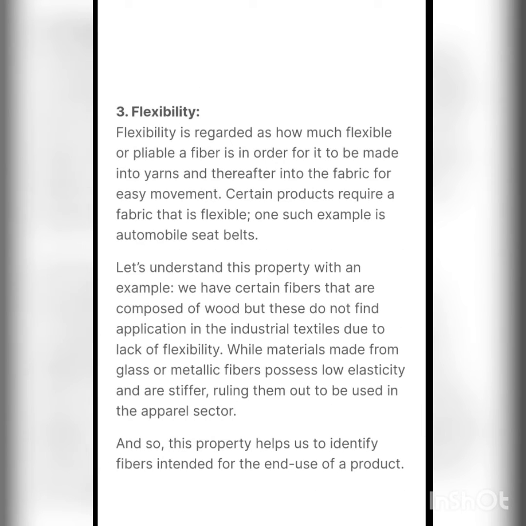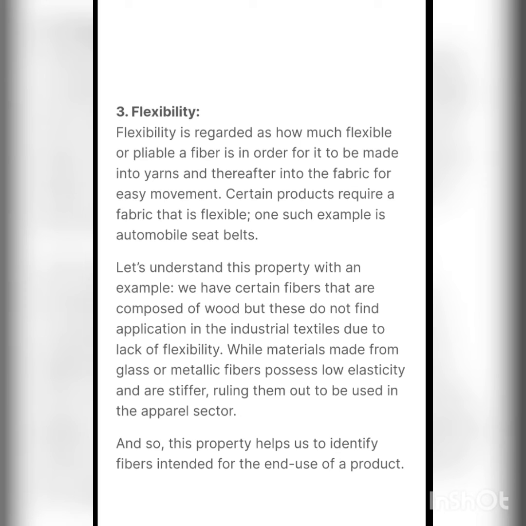Next property we have is flexibility. A fiber should be flexible because it needs to be plied in order to be made into yarns and thereafter into fabric. Certain products require a fabric that is flexible. Some examples are automobile seat covers, belts, elastic fibers.